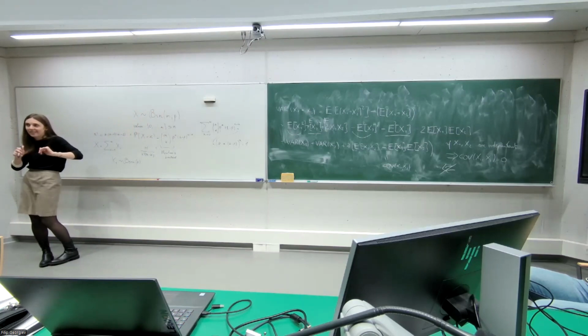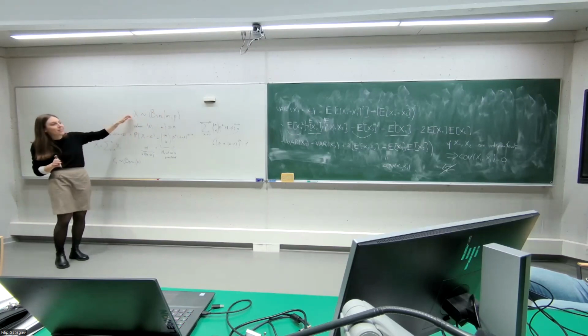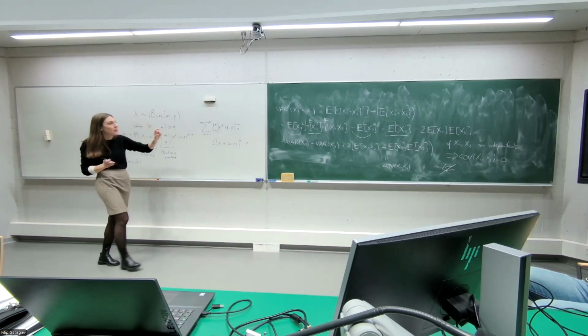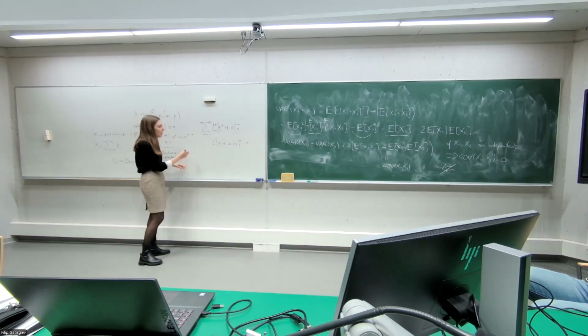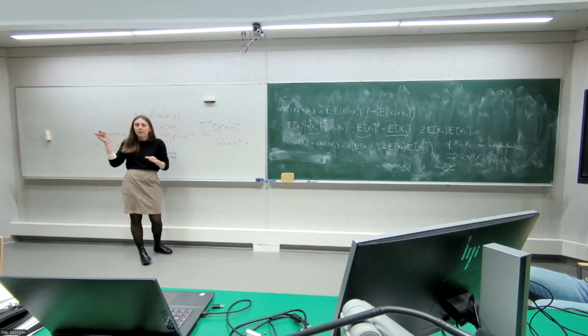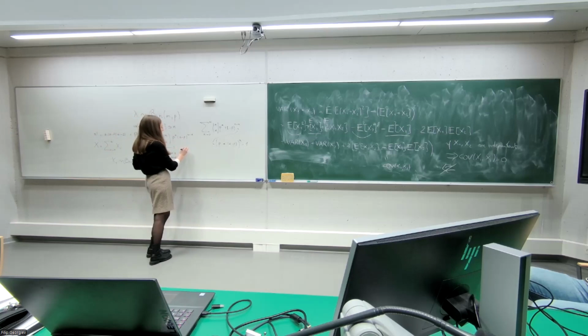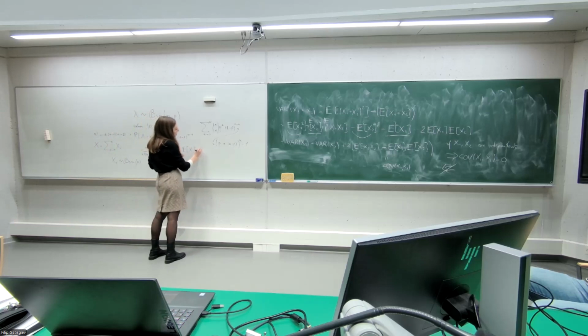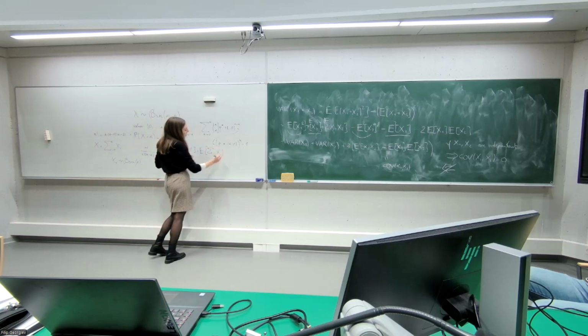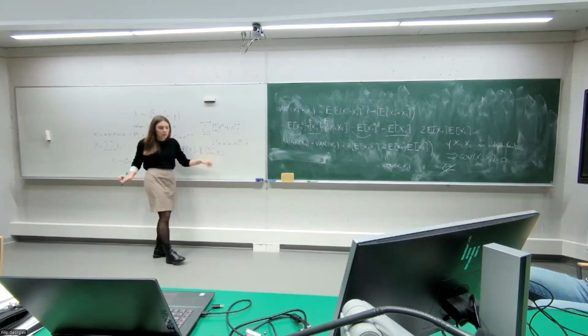So the binomial distribution is the sum of n independent coins. When I want to calculate, for example, the variance and the average of this, for the average I don't need independence to have the sum. I can say that the average of x is the average of the sum for i from 1 to n of these xi that are Bernoulli.